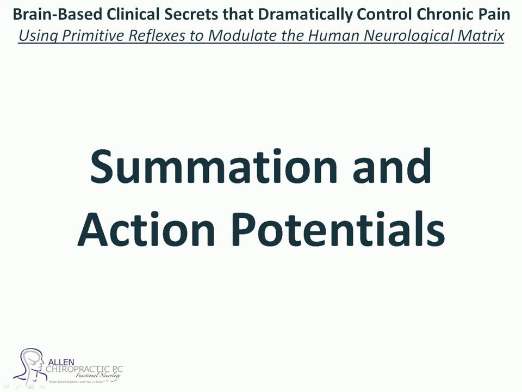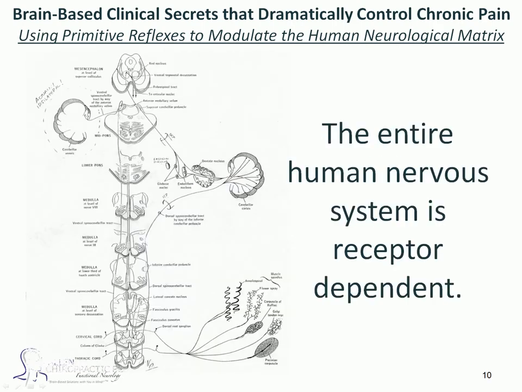Let's talk a little bit about summation and action potentials, because that has a lot to do with the primitive reflexes and how they send their signals. First, my perspective in practice is that the entire human nervous system is receptor dependent. The receptors perceive the external environment through the tissues and muscles, etc. And then those receptors send their signals to more rostral centers, and those rostral centers send their efferent response back to the muscles.